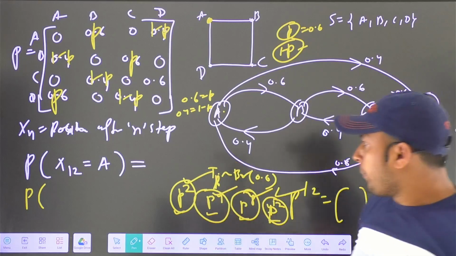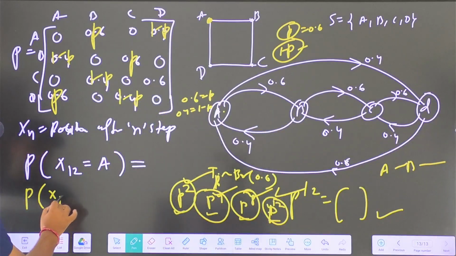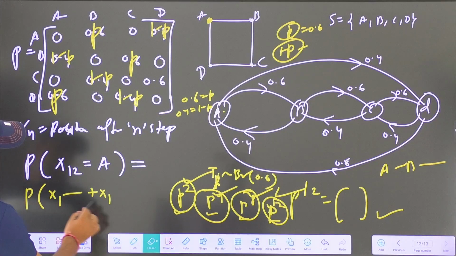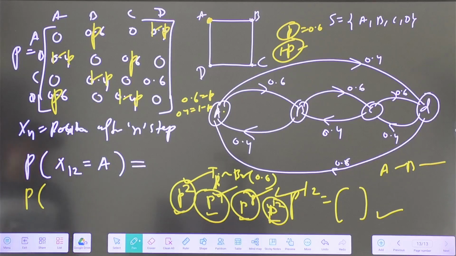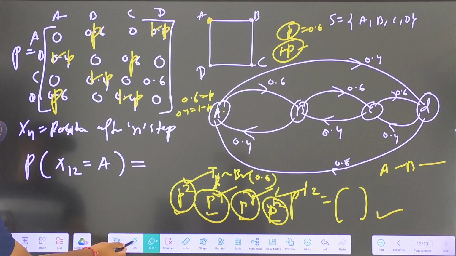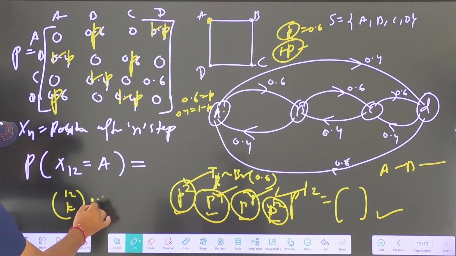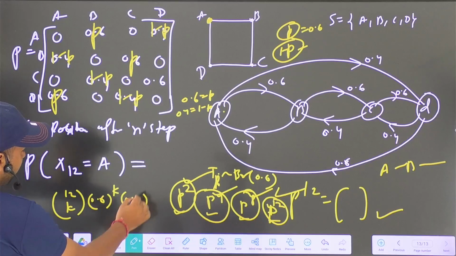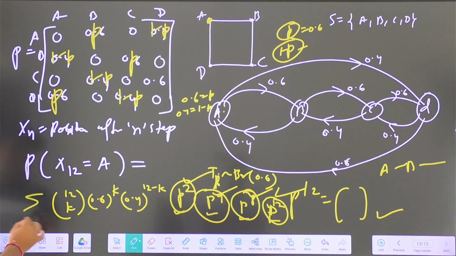There is some other way also. So maybe something like x1, x2, xk. Each xi has 2 steps. They are saying you are taking 12 steps. So 12 choose k, 0.6 to the power k, 0.4 to the power 12 minus k, and take the summation with k from 0 up to how many steps you can take, 12.